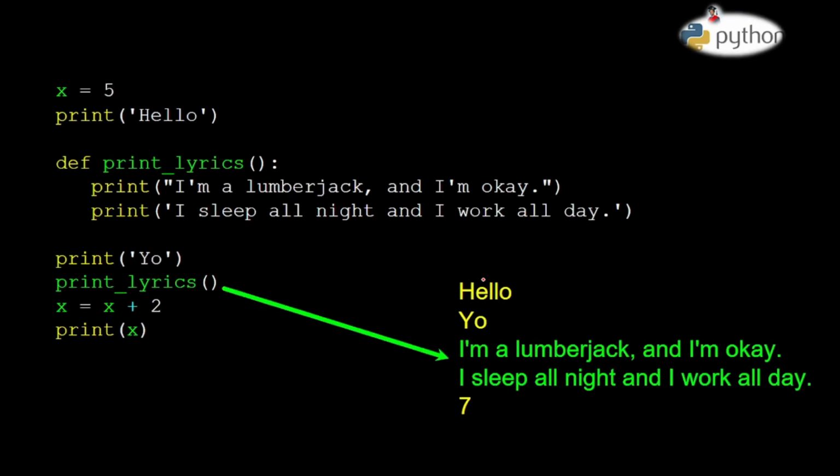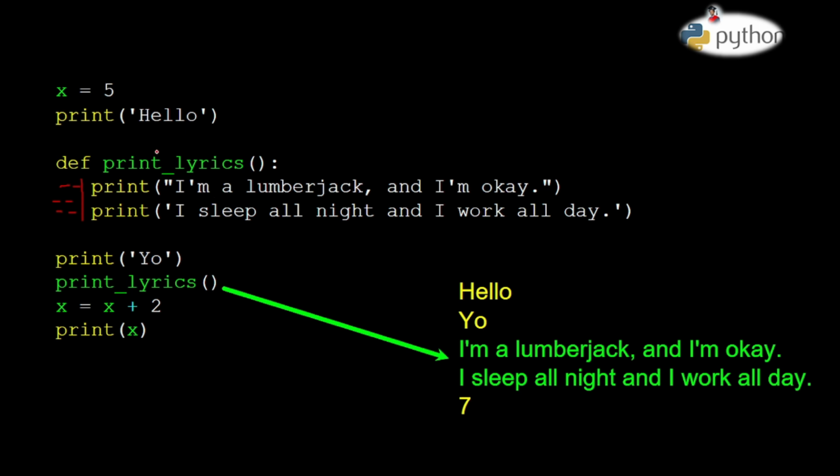Then as you see here from the previous example, x equals 5, print hello, def print lyrics. This is the function definition. This is the body of the function. After the indent we write any operation or any body of the function.